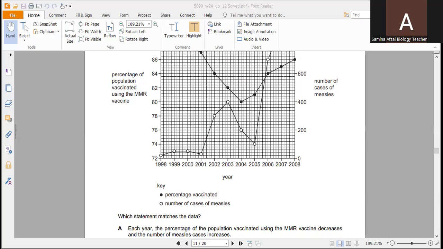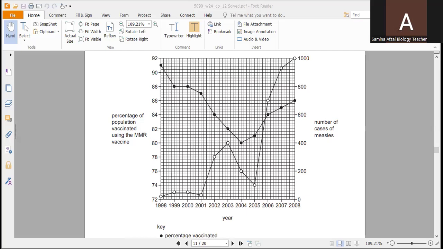And the second statement is, the percentage of the population vaccinated against MMR decreased from 91% in 1998 to 80% in 2004. You can see in 1998 it is 91%. So the data shows this is 91%.